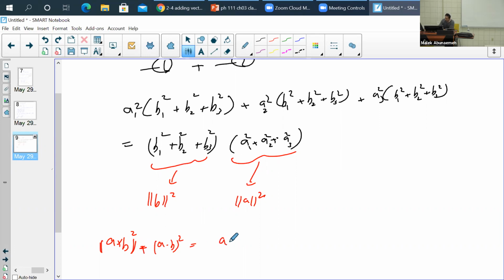We said A dot B squared is A squared B squared cosine squared theta. And again, this equals the magnitude of B squared times the magnitude of A squared.